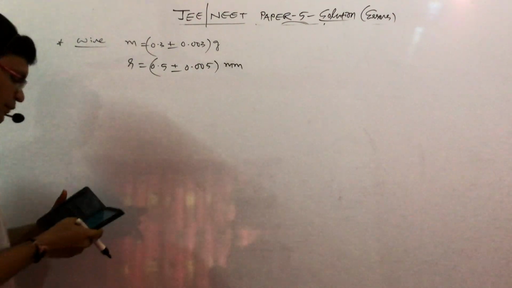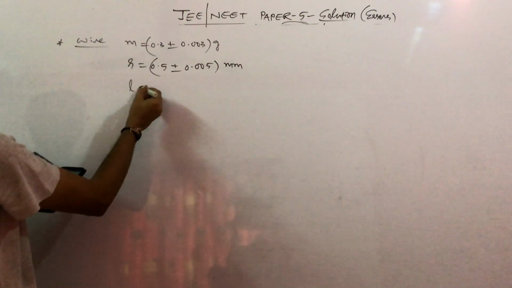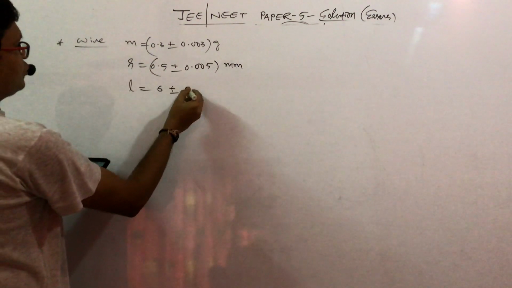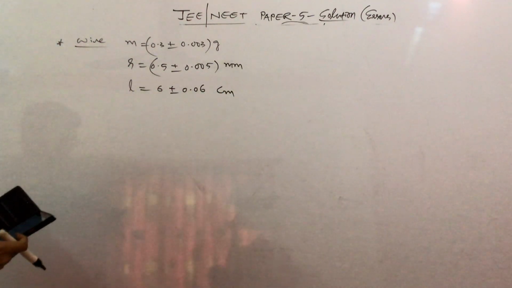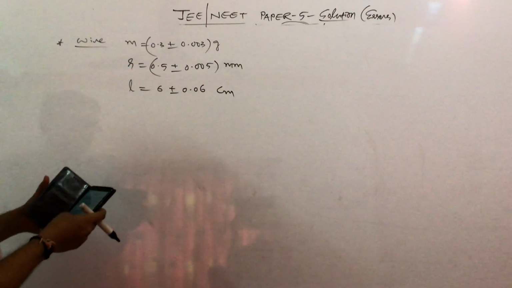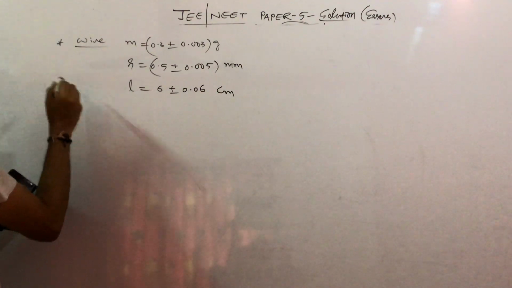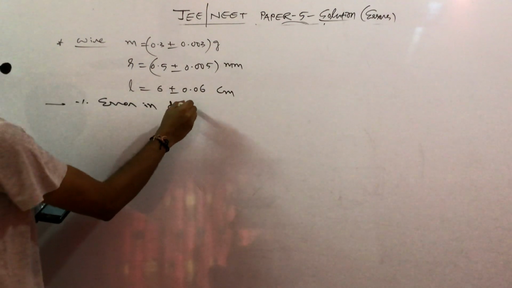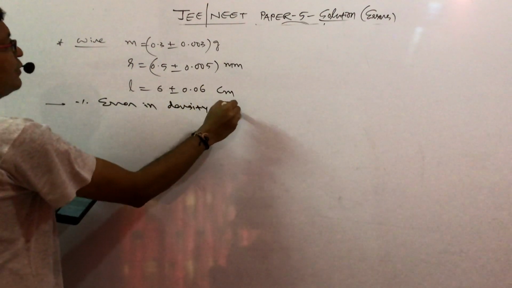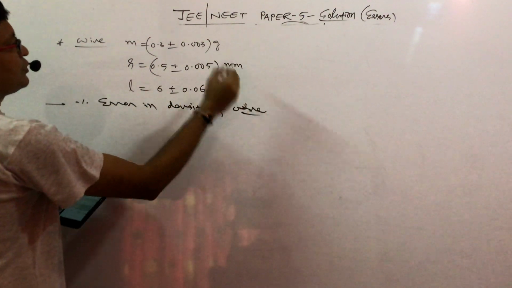And the length given is 6 plus or minus 0.06 centimeter. The maximum percentage error in the measurement of density, this is your target, percentage error in measurement of density of a wire. मस्त क्वेश्चन है.